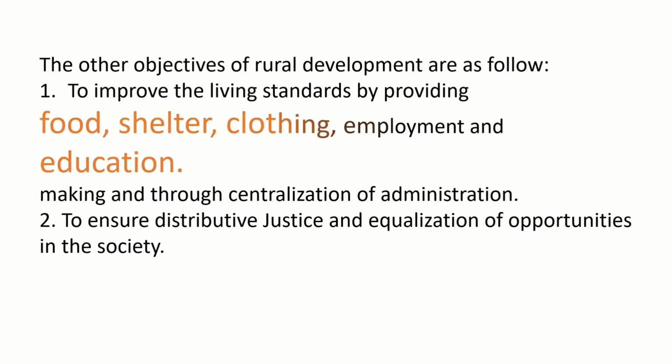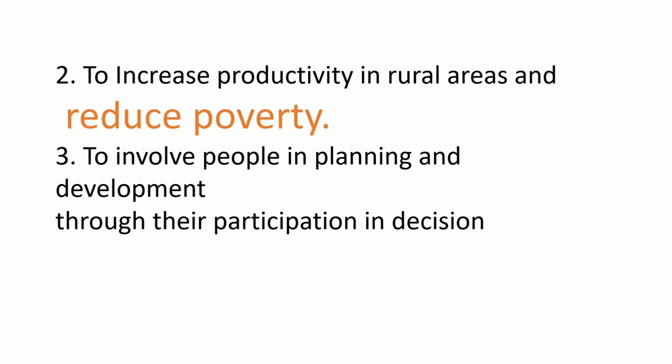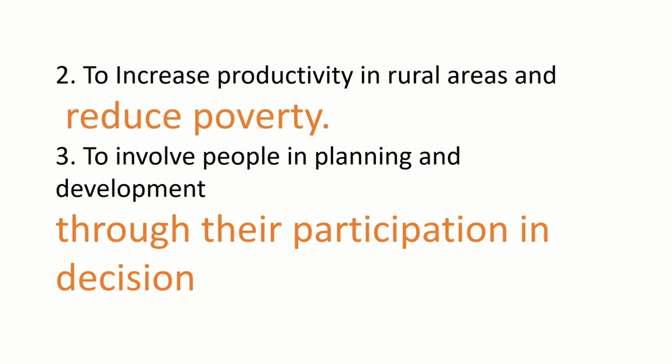Another objective is improving living standards by providing food, shelter, clothing, employment, and education, and through decentralization of administration to ensure distributive justice and equalization of opportunities in society, increasing productivity in rural areas and reducing poverty, and involving the people in planning and development through their participation in decisions.